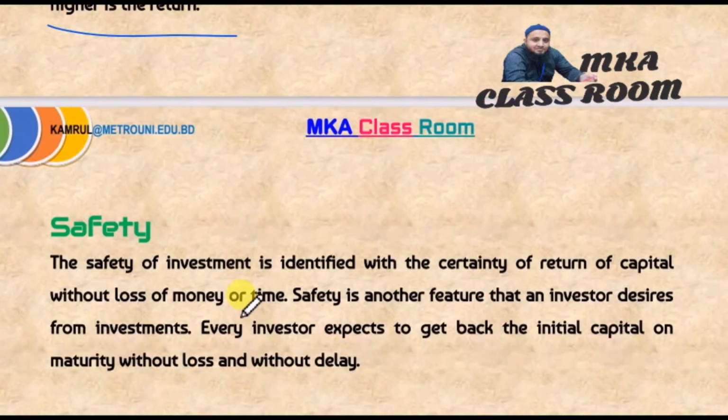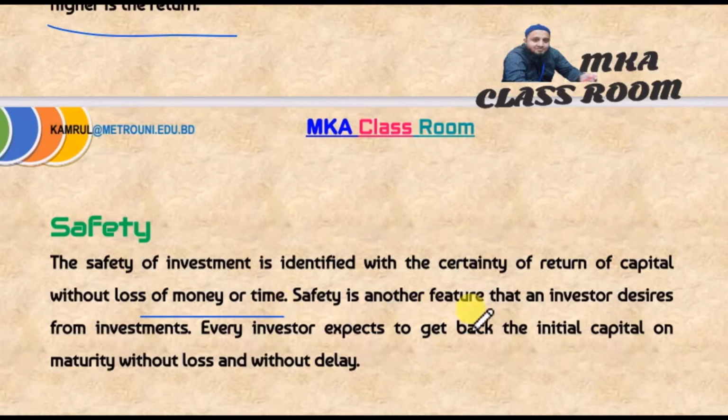After that, we will see safety. The safety of an investment is identified with the return of capital without loss of money or time. That is the safety. Safety is another feature an investor desires from investment.